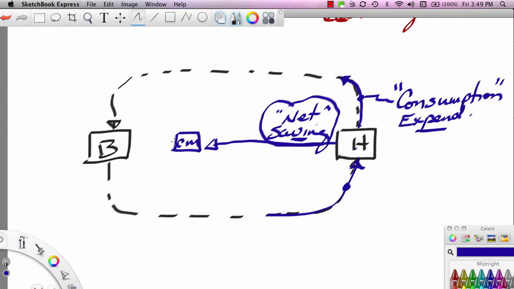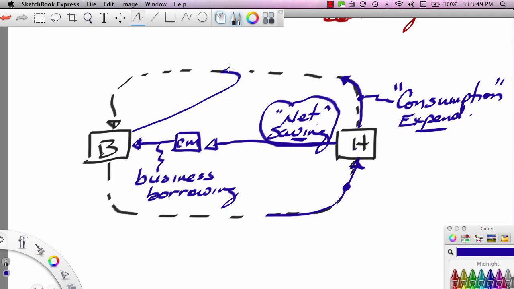Okay, let's move on. Some of these funds will be borrowed by businesses. So there's something called business borrowing. You go, why do businesses borrow? Well, apparently revenues are not enough. Not enough for what? Businesses want to turn around and they want to invest. Look, if you're a business and you want to build a building, your current revenues may not be sufficient to cover the expense of building a building.